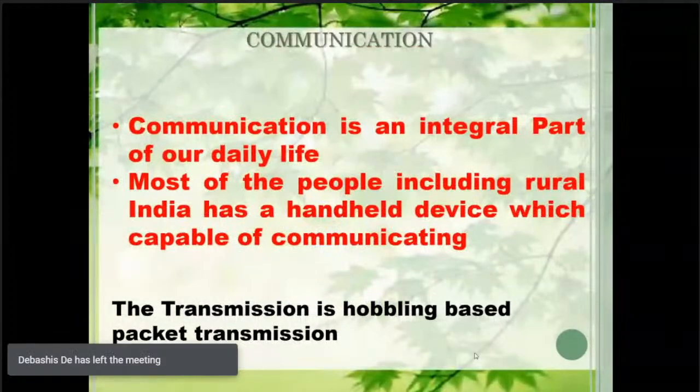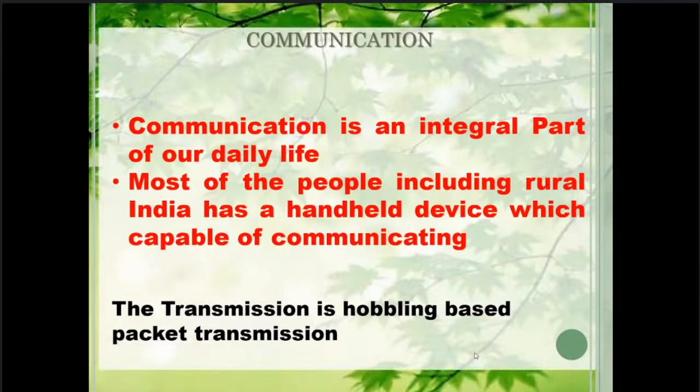We know that communication is an integral part of our daily life, and most people, including rural India, have a handheld device capable of communicating. All of the transmissions are hopping based transmissions. That means it's not that I am transmitting from end to end directly to the receiver.